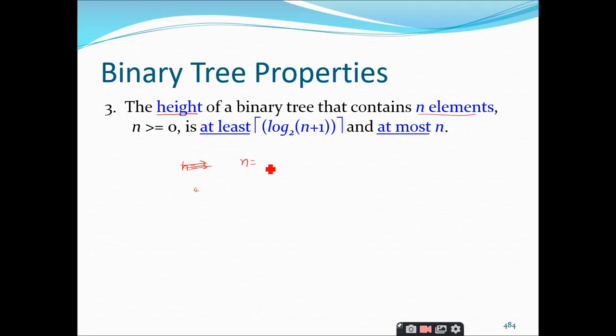We are going to take the number of elements, right? For example, let me take the example like this. If the number of elements is 4, that means every node has 1 child. Therefore I take it as the least case. So the number of nodes is 4. So what will be the height? 3, sir.